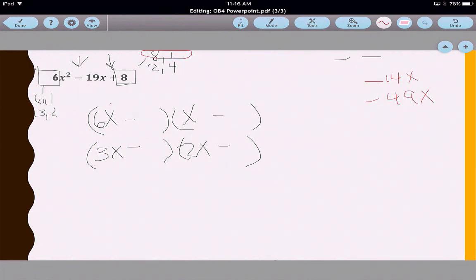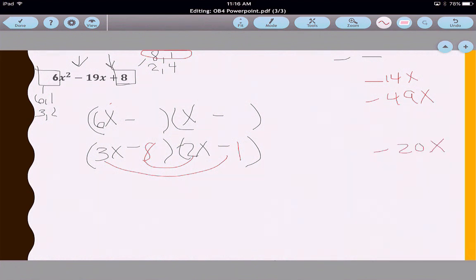I could try it again over here with an 8 here and a 1 here, where I can try 3x times 1 is negative 6x, and here I would have negative 8 times 2, which is a negative 16x, but that would give me a negative 22x.